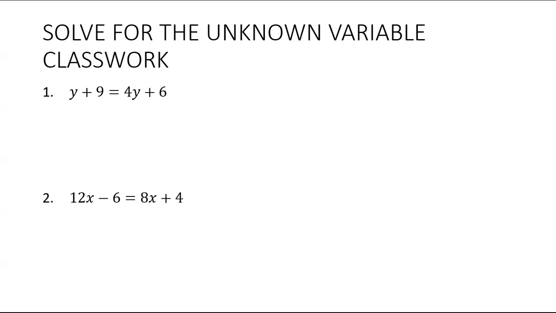You took y to 4y and you transposed 6 to 9. On the left, you'll have 9 minus 6. On the right, you'll have 4y minus y. 4y minus y, 4 minus 1. Remember I said, if it's a variable on its own, its coefficient is 1.